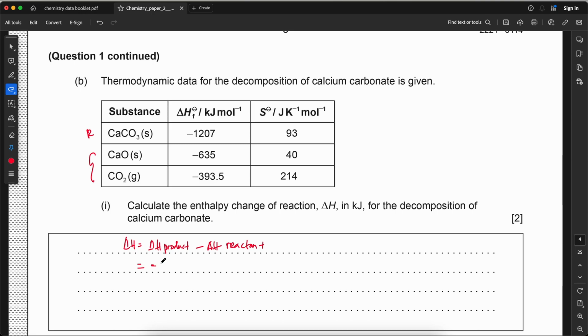So negative 635 plus negative 393.5 minus negative 1207, and you will get plus 179 kilojoule.